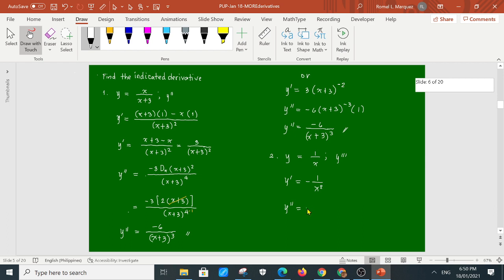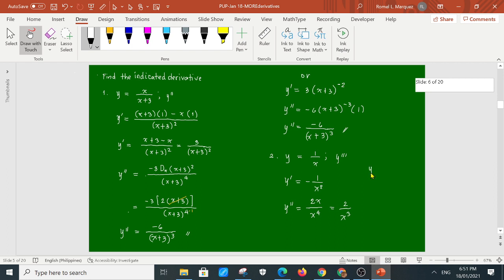Negative, negative, so positive now. Negative 1 times the derivative of the denominator, 2x, over the square of the denominator, which is 2x over x to the 4. There is an x in the numerator, so it is just 2 over x cubed. Okay?